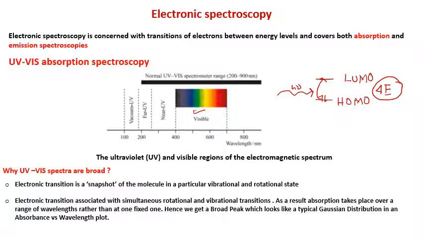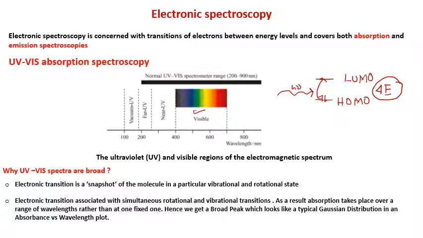But in UV spectroscopy, or molecular absorption spectroscopy, usually we observe a very broad band. Unlike atoms, molecules undergo vibrational and rotational motion, and the electronic transitions are accompanied by all this vibrational and rotational motion.